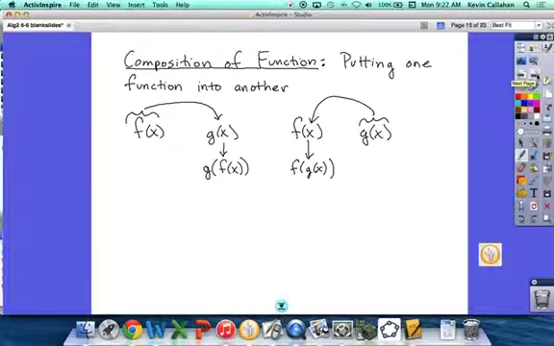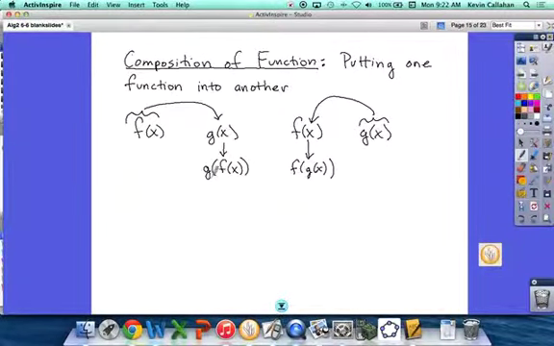Now, composition of functions, this is a new one. This was not one that you might have some intuitive sense of how you might do that. Okay? The composition of functions is like putting one function inside of another. For example, if I have an f of x and a g of x, it's like taking that entire f of x and putting it inside the parentheses for g of x.